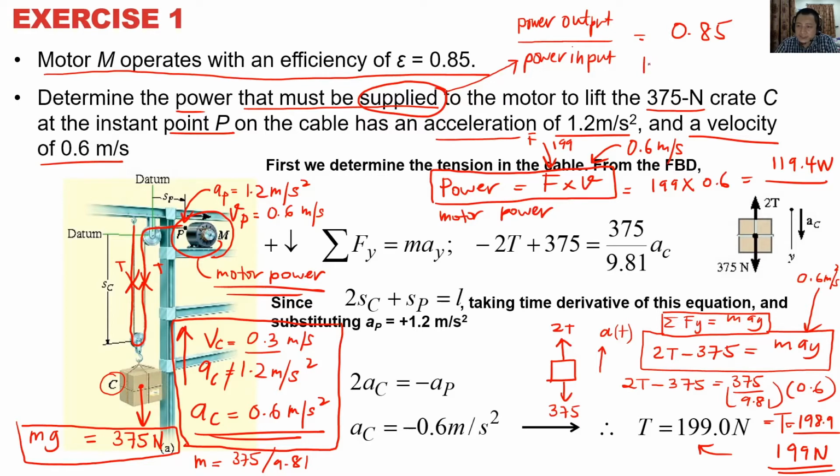So power input is equivalent to output divided by 0.85. So what do we get? 119.4 divided by 0.85 gives 140 watt.